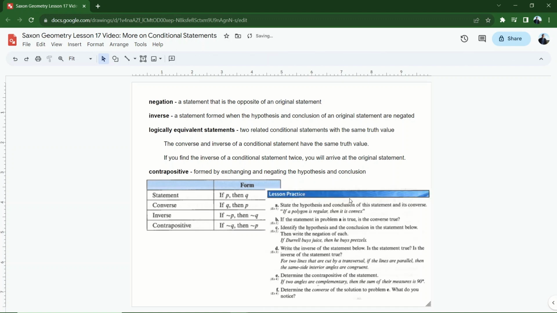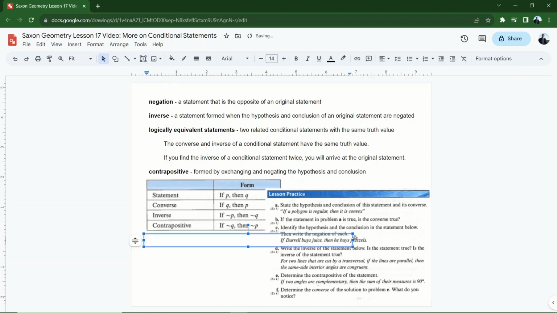Okay, let's take a look at some example problems because that's where we're going to actually find this is useful. Letter A says state the hypothesis and conclusion of this statement and then its converse. So we're going to shrink this down, and I'm going to make my font a little smaller so we can fit on the page here. For letter A, the hypothesis is everything after if but before the comma. A polygon is regular. That's the hypothesis.